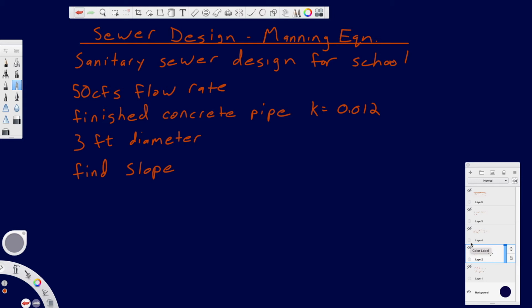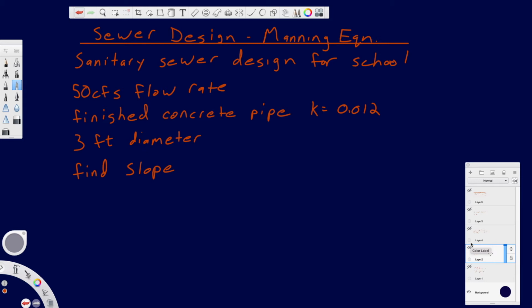It will be using finished concrete as the pipe material, and the pipe will have a 3-foot diameter. Given these characteristics, we need to find what slope will be able to provide that flow rate for this material and diameter.